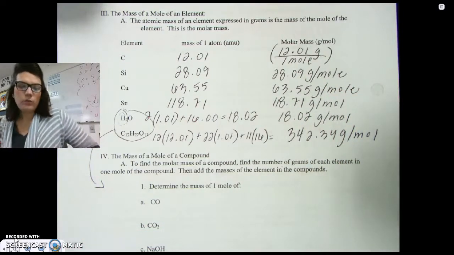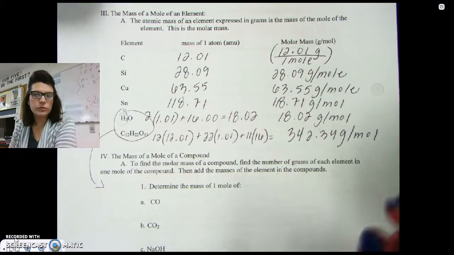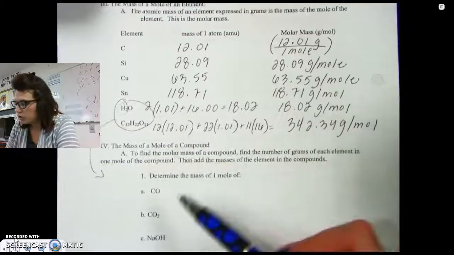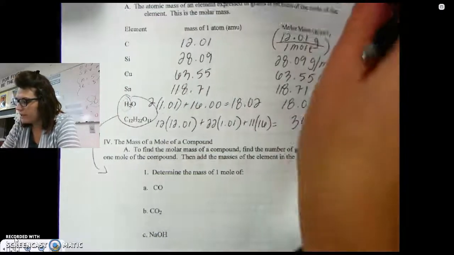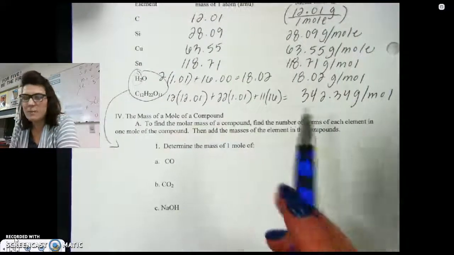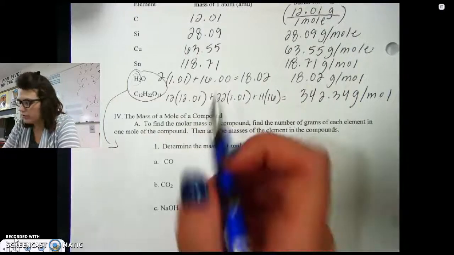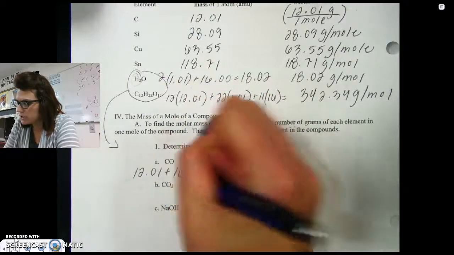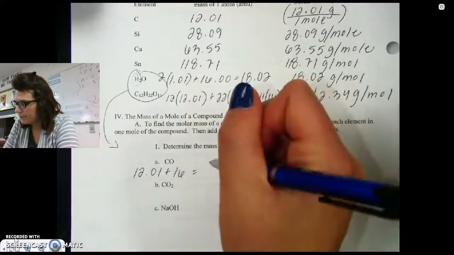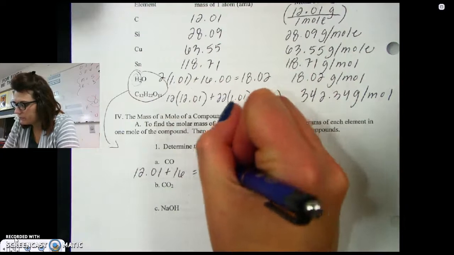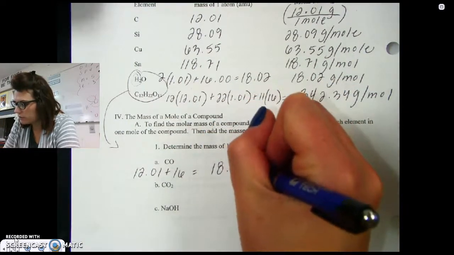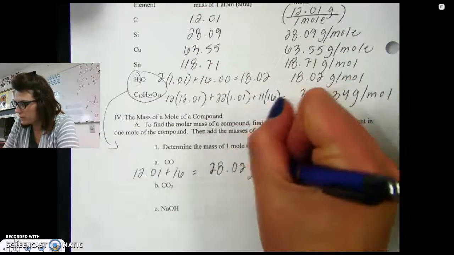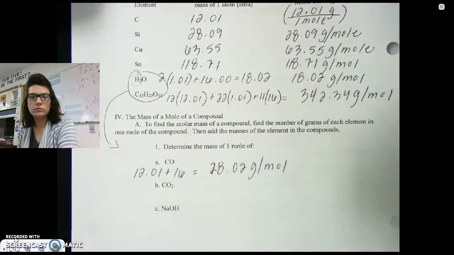All right, let's do a couple more, and then the rest will be checked for completion, to make sure that you watch this video. So if I'm determining the molar mass of carbon monoxide, I would do carbon's 12.01 plus oxygen's 16 and you should get 28.02 grams per mole.